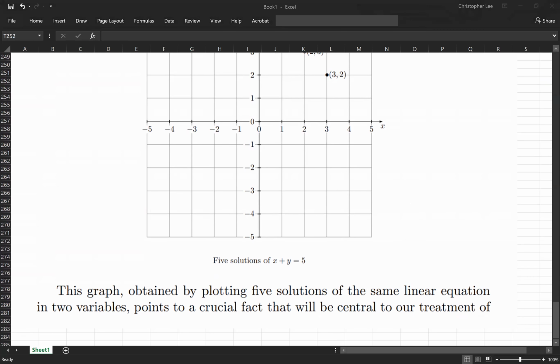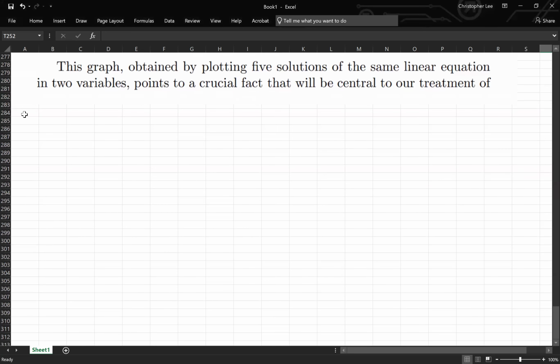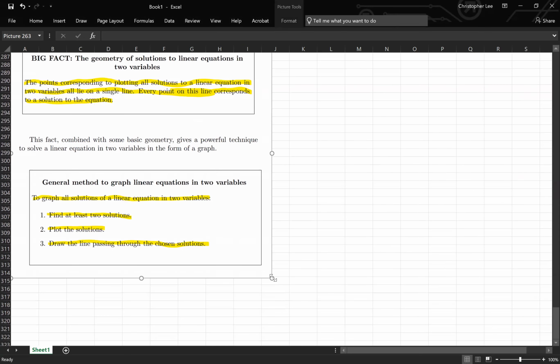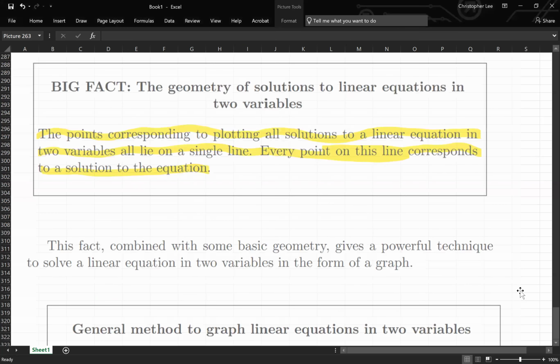Linear equations in 2 variables. All right, big fact.